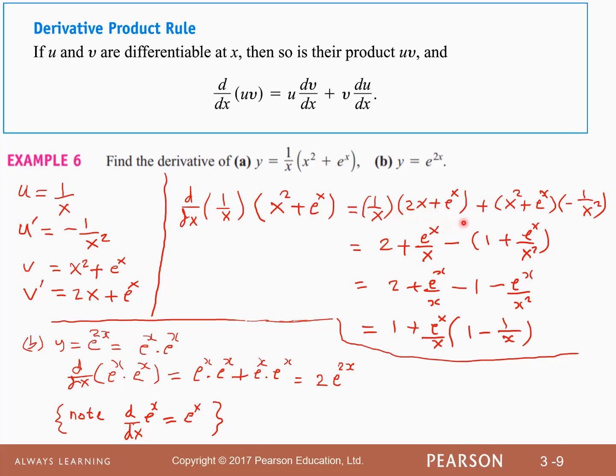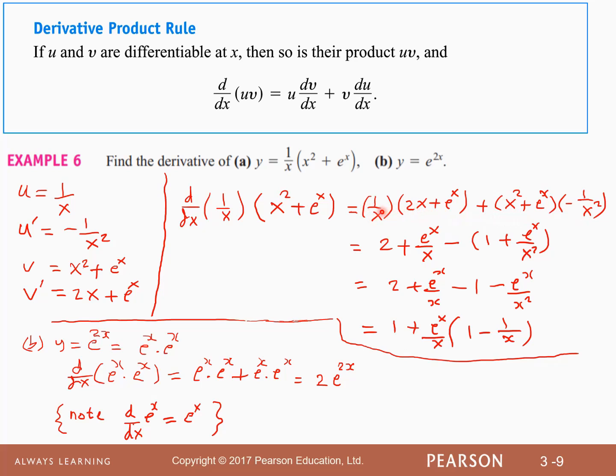And then plus v, which is x squared plus e to the x, multiplied by u prime, which is negative 1 over x squared, the derivative of u. Then all we have to do is take 1 over x inside this parenthesis.